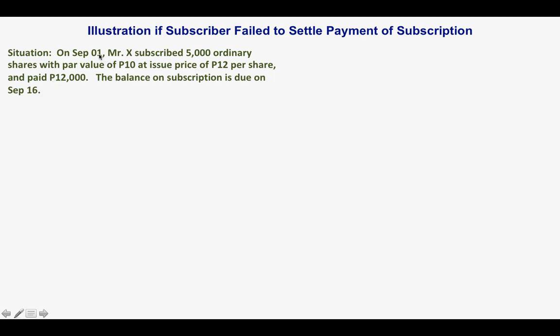So on September 1st, Mr. X subscribed 5,000 ordinary shares, and the payment made on the same day was 12,000. The balance on subscription is due on September 16th.